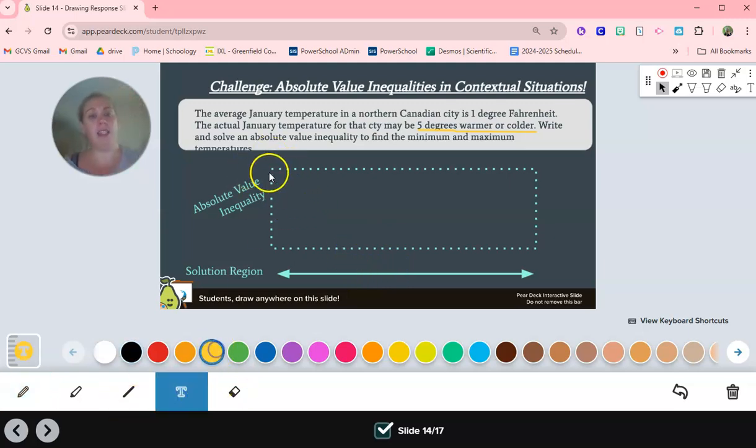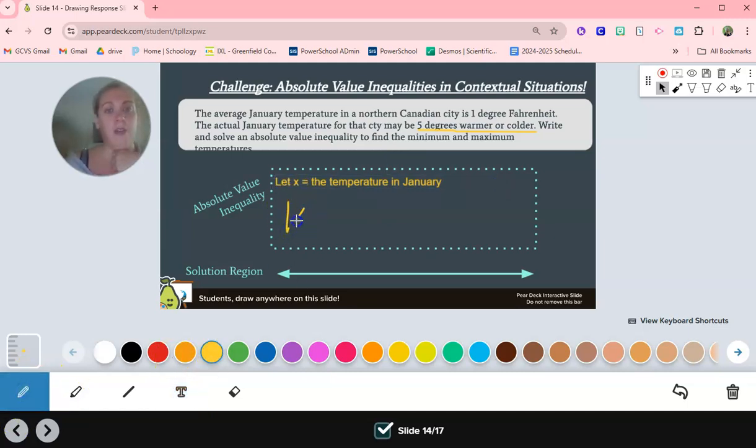So if we let x equal the temperature in January, the difference between that temperature and 1 degree should be less than or equal to 5. And the two inequalities we would create from that are x minus 1 less than or equal to 5 and x minus 1 greater than or equal to negative 5.